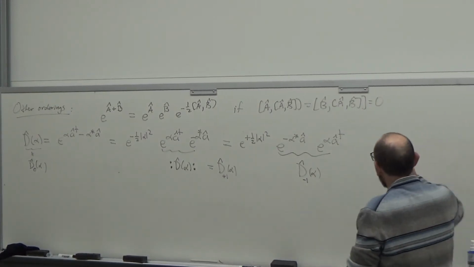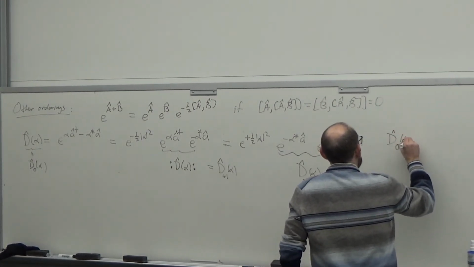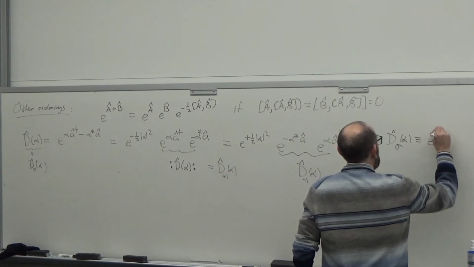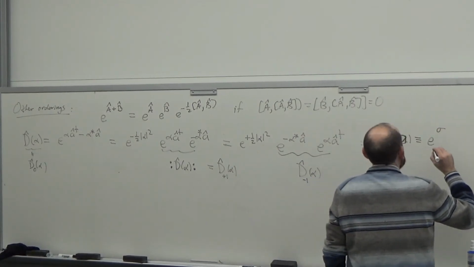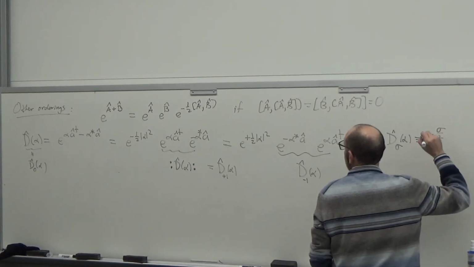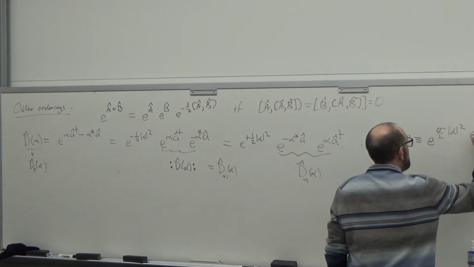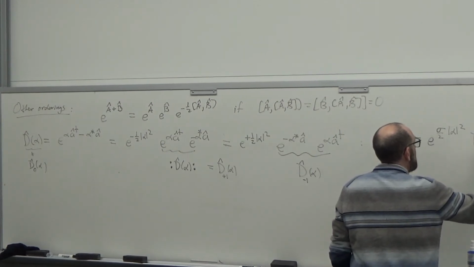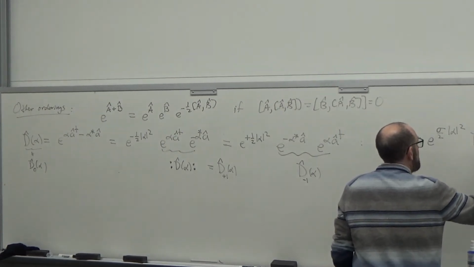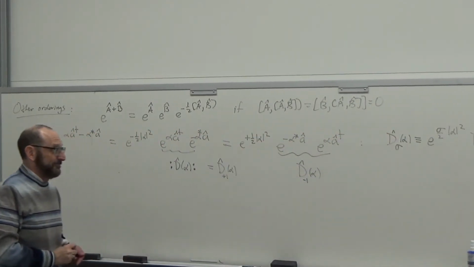But I can define generally D sigma to be e to the sigma over 2 alpha squared, times D of alpha. Does that work?